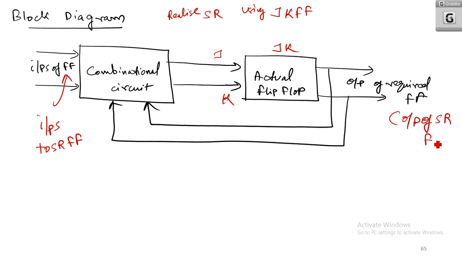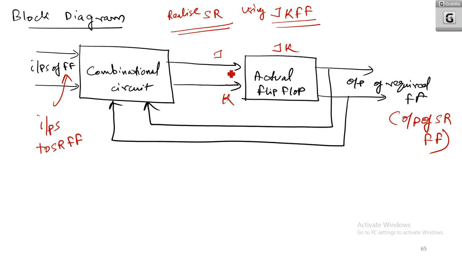In general, you are giving input to the required flip-flop. Here the required flip-flop is SR, and the flip-flop you have is the JK flip-flop. So the actual flip-flop is JK, and using a combinational circuit you are converting the inputs of the SR flip-flop into JK.